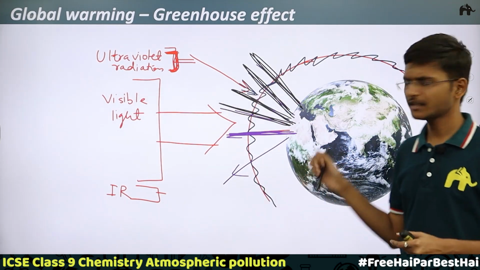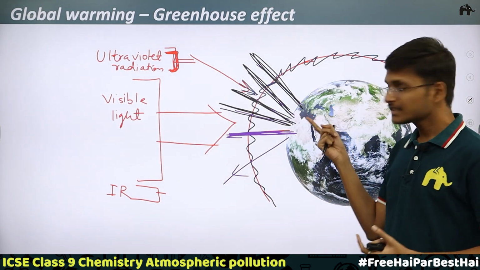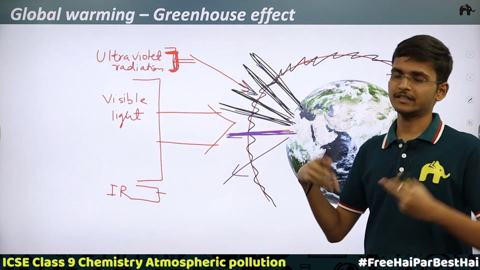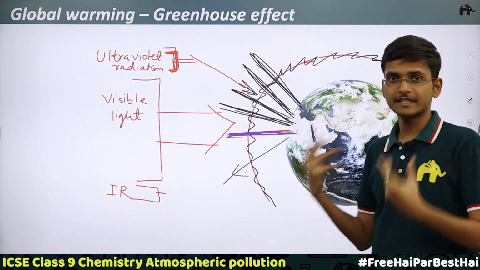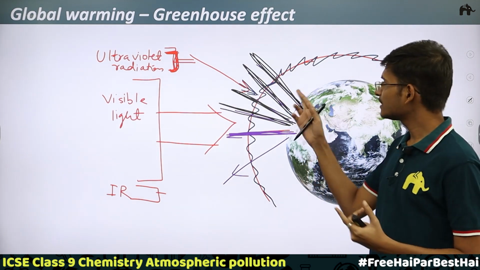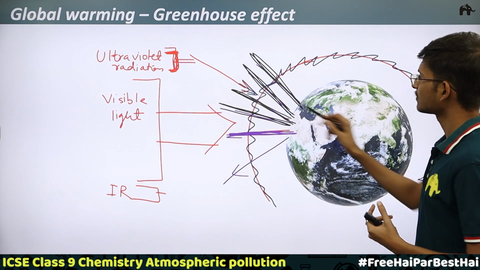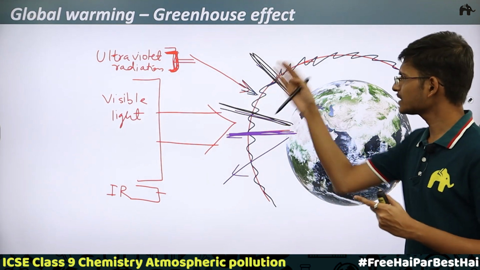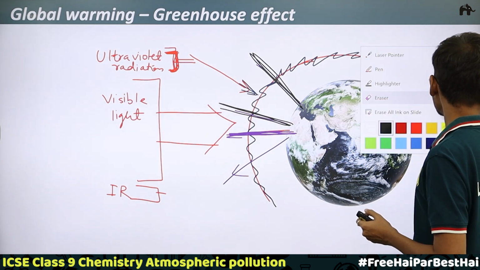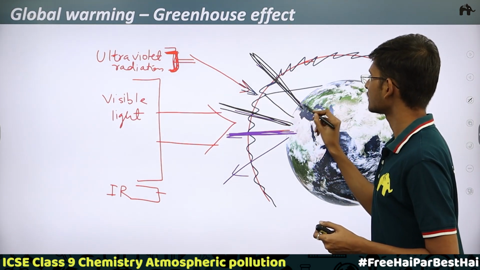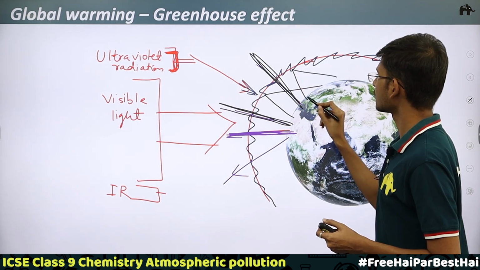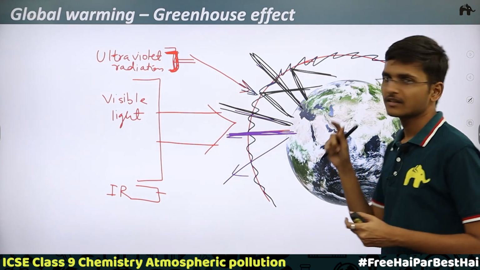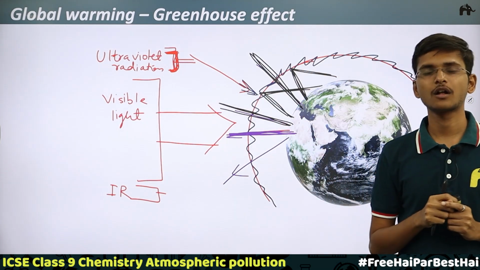Now see, visible radiations are getting passed through easily, but the infrared radiations radiated by the earth, since it is now heated up, some of them pass directly through like this, but some of them get trapped in the atmosphere.